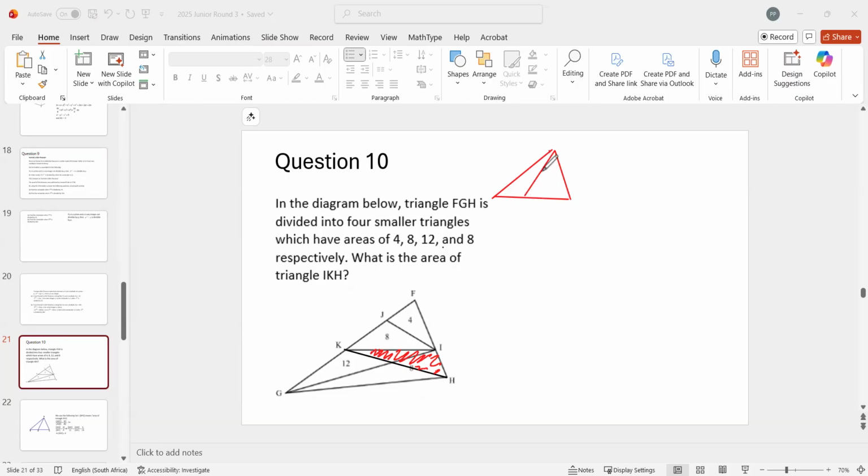Suppose this line splits this side into two parts, M and N, and the areas of these are A and B, then it turns out that the ratio of M over N is the same as the ratio A over B.